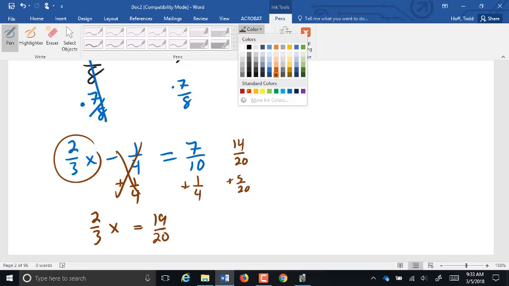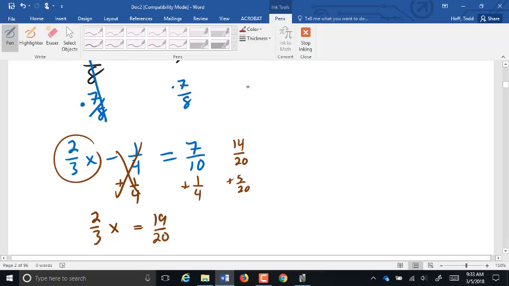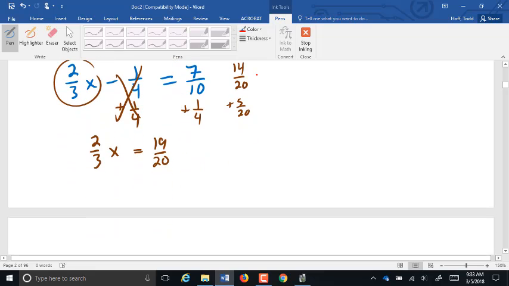What's next? Divide by the 2/3. So that 2/3 is gone.